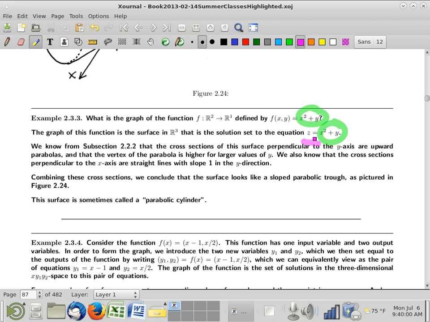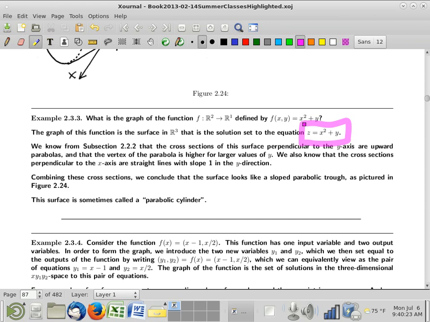So here we go. We have an equation now, again involving three variables, x, y, and z. And we can use techniques from the section on equations that we talked about last time and figure out what this surface looks like. In this case, sadly, it's not a rotation of anything. That's too bad. And that's a nice technique.